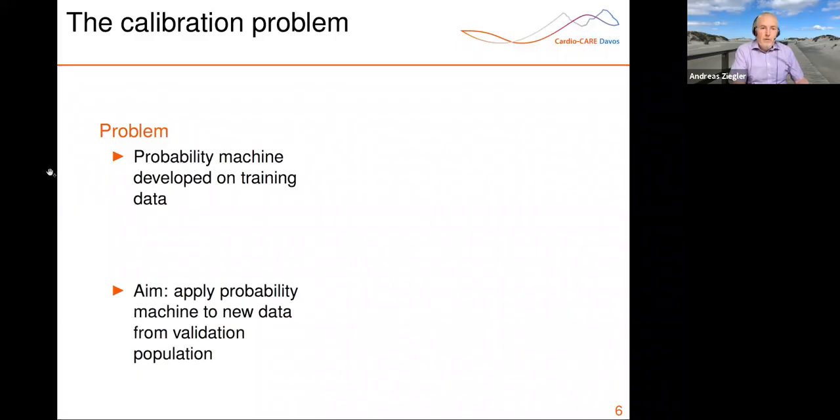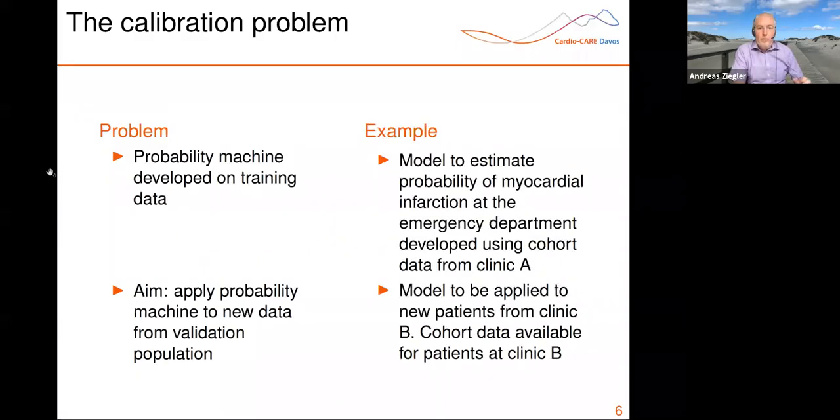If I now transfer this into a simple application problem, my example is that I want to estimate the probability of a myocardial infarction at the emergency department. And I assume that this has been developed using a probability machine using cohort data from a specific clinic.